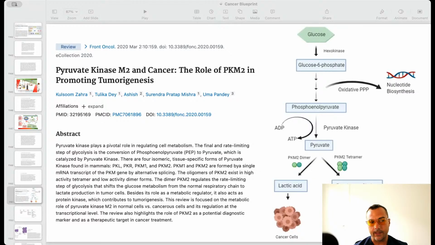So it blocks PDK and enhances PDH, which shunts glycolysis into the mitochondria. I've talked about that at length, and for some people that doesn't make any sense. Why would I enhance mitochondrial energy production and energy flux through mitochondria, which we know are broken in cancer, and we don't want to give them an advantage?